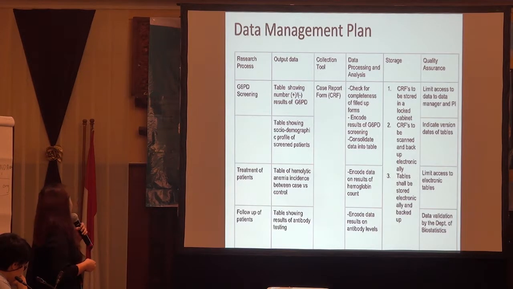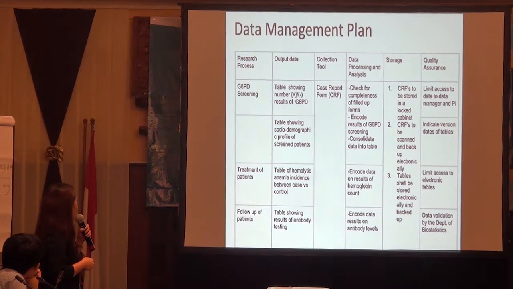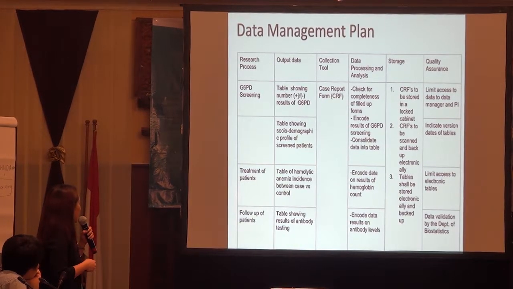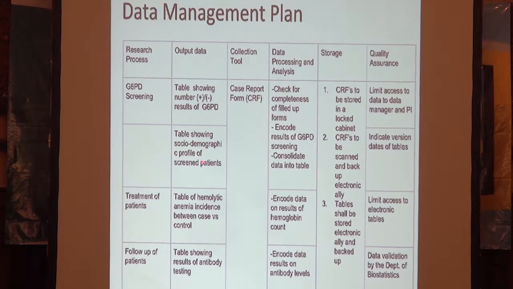The next is the G6PD screening. So we want this data: a table showing the number of negative and positive results of G6PD screening. The same with the socio-demographic profile, hemolytic anemia incidence, and a table showing antibody testing. The storage shall be in locked cabinets.